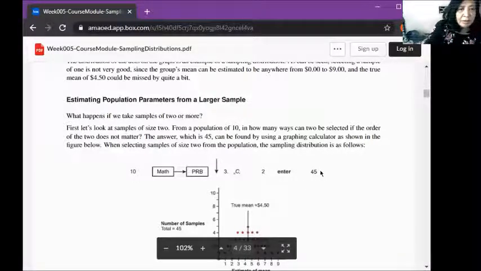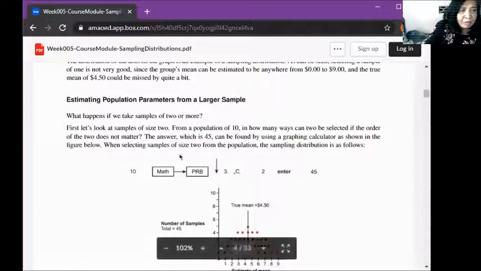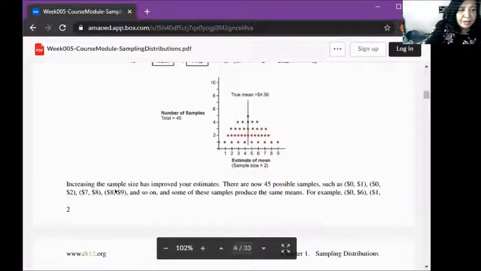This would be the number of samples. Increasing the sample size has improved your estimate. There are now 45 possible samples.